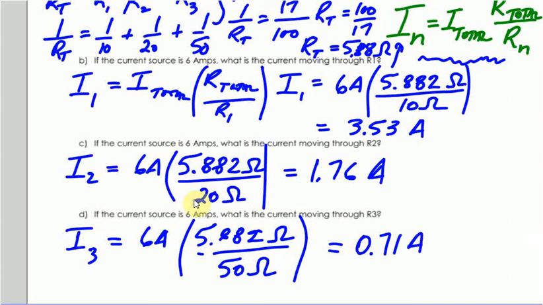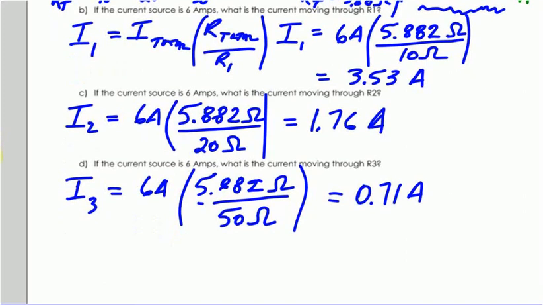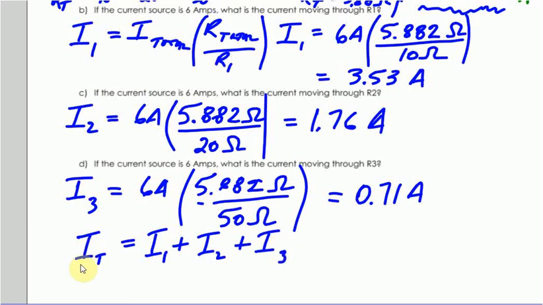Now, if I just scroll down here, just give myself a little more space. This should check in terms of KCL. KCL is saying that the total current in this circuit should be equal to the sum of each current going through each branch. So that's I1 plus I2 plus I3. So in other words, the total current we were given is 6 amps.